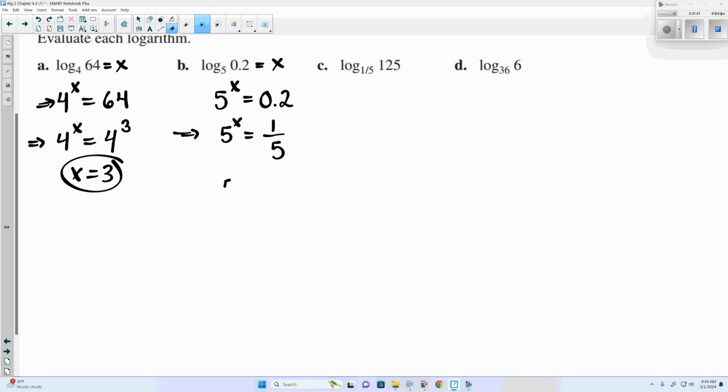Well, 5 to the x is fine. But it'd be nice if I could move that 5 from the bottom of the fraction to the top. So we can move the 5 to the top, but the exponent becomes -1. Because the exponent is 1 already with the 5, we just don't write it. But when we move it to the top and it becomes negative, we have to write it, which tells us x is -1. Questions on this here?